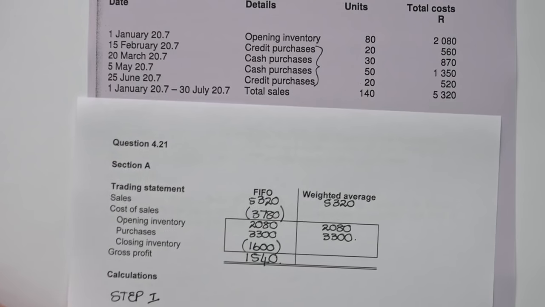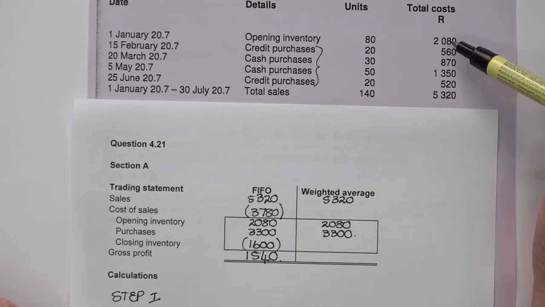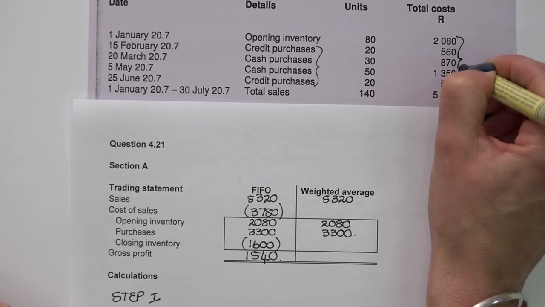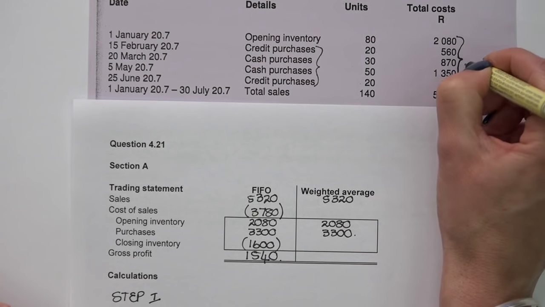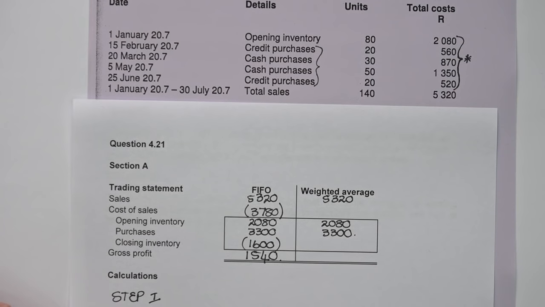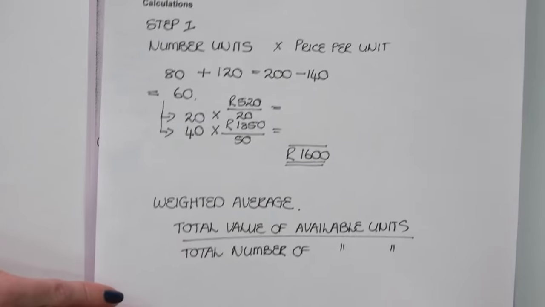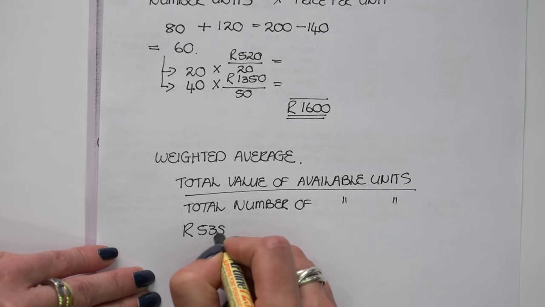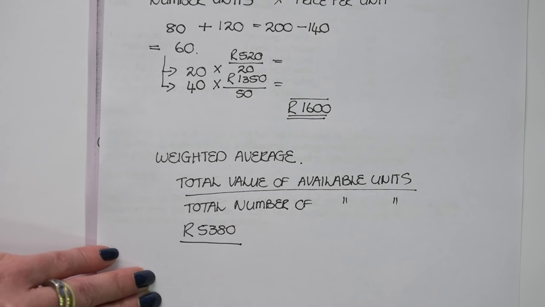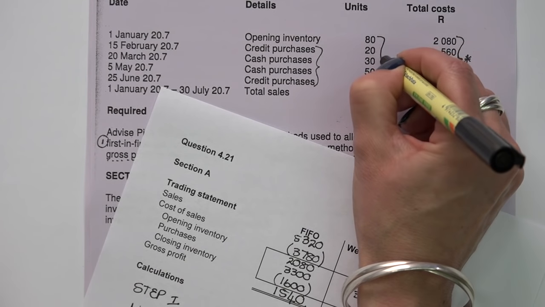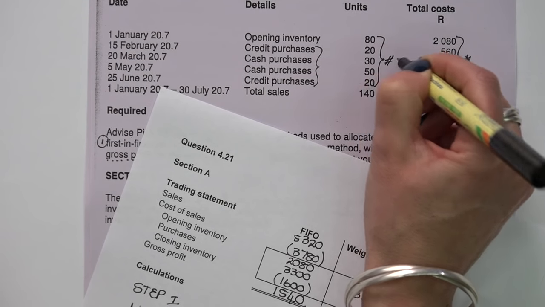So if we look at the given information, I need to get to the total value of available units. Total value is the value of the opening inventory plus all the purchases. And if I add up that total value, it gives me 5,380 Rand divided by total number of available units, which adds up to 200 units.